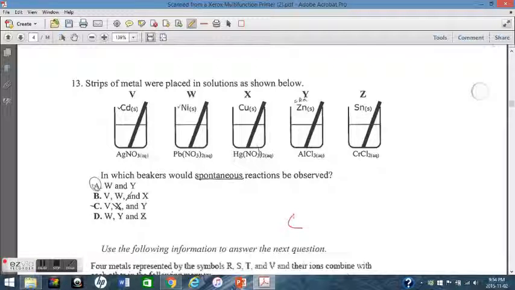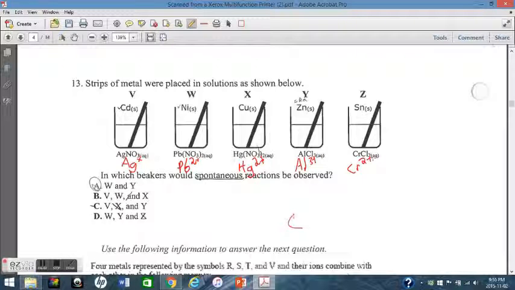Spontaneous reactions, and so here again you're just looking, and an idea that you might want to look at would be adding something and saying, okay, in this particular solution we have Ag+, in this one we have Pb2+, here we've got mercury 2+, here we have aluminum 3+, and here we have chromium 2+.